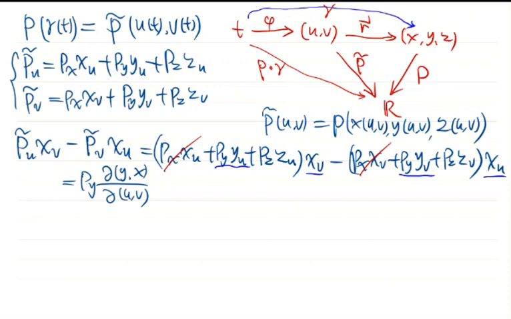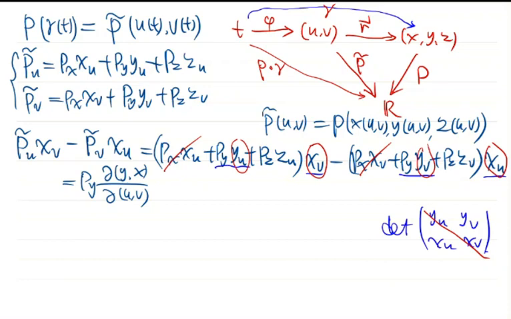That is the determinant of y_U y_V over x_U x_V. The y_U x_V term is here, and the y_V x_U term is here with a minus sign. So this gives us this term. Similarly, for the term P_z, you will obtain P_z multiplying the Jacobian of (z,x) with respect to (U,V). That's all we get. Now we can complete the proof.